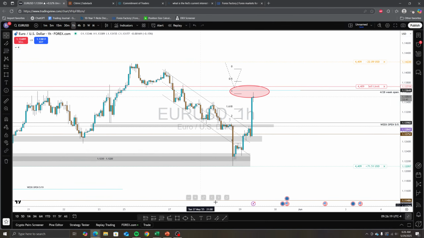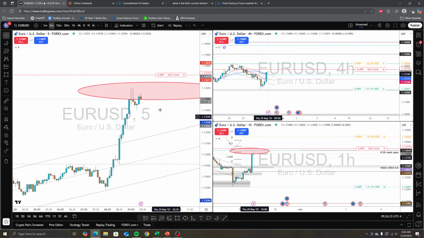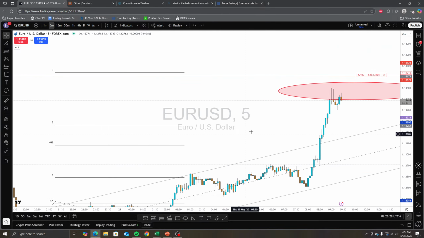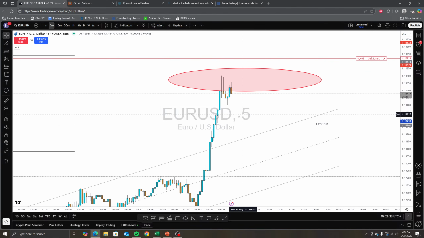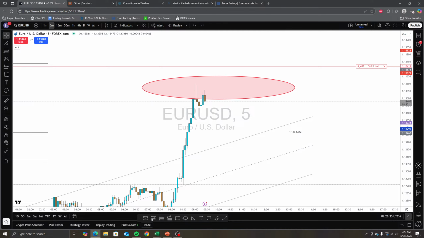Here, let's see. Sometimes on the 15-minute, this is a top. Just not like a long trend top, but just a short trend top. And usually in these kind of situations, I would do a fib retracement from the top to the bottom. Then if it hit the 0.79, I would just go short here.